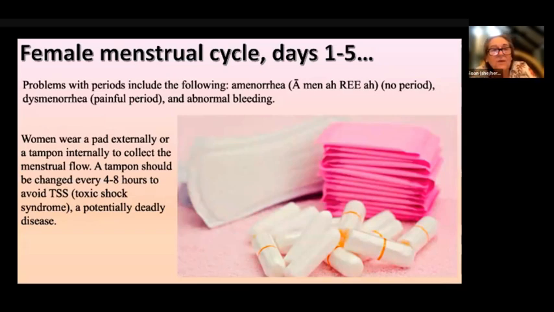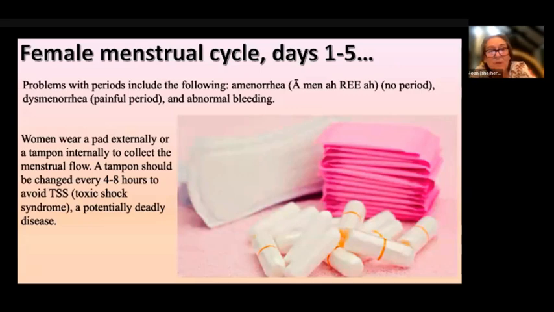Also, there can be problems with menstruation. There can be amenorrhea. Amenorrhea is when we don't have a period. And that can happen for many reasons. For example, girls who have eating disorders like anorexia, where they intentionally don't eat because they think they're too fat and really they're very, very thin.